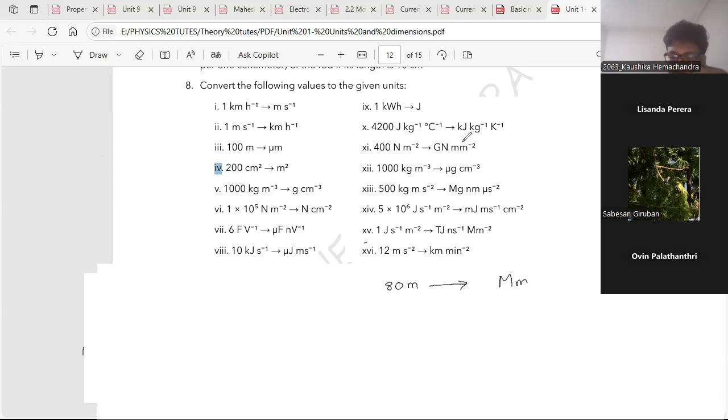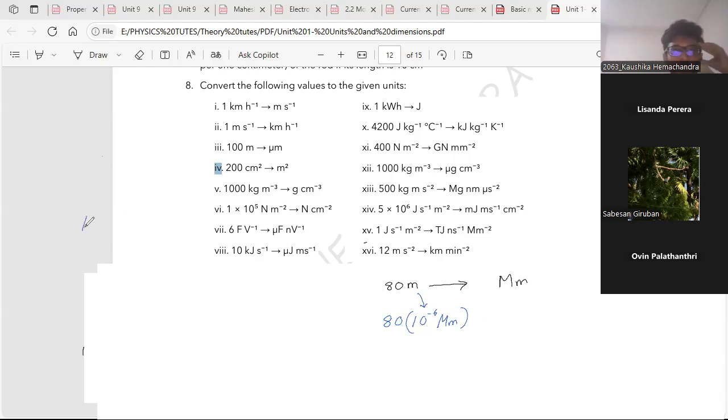Let's check. 80 meters to megameters. Everyone has sent the correct answer. 1 meter is 10 to the power minus 6 megameters, because 1 megameter is 10 to the power 6 meters.